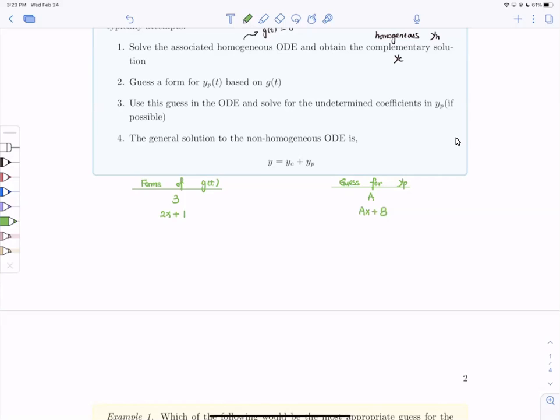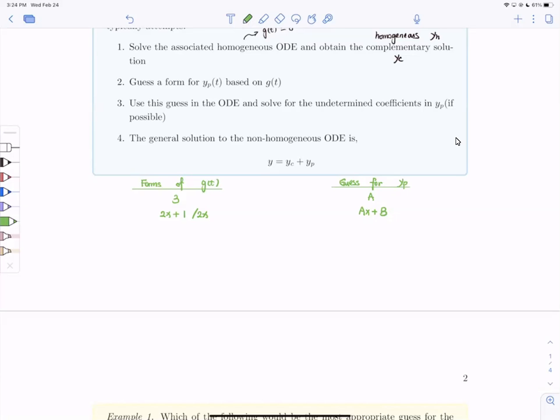Let's say you only have 2x instead of 2x plus 1. You still need to have plus b. You still need to make it a complete linear term instead of just ax. Even if it's just 2x, you still need to use ax plus b. Let's use a quadratic term.